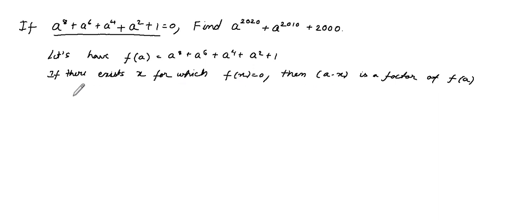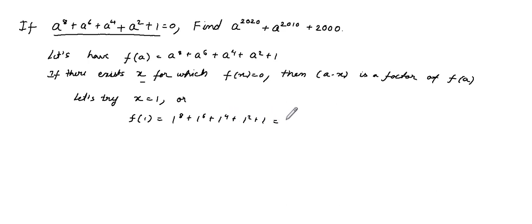And now let's try x is equal to 1, whether it is 0 or not. If we do f of 1, we get 1 to the power 8 plus 1 to the power 6 plus 1 to the power 4 plus 1 square plus 1, and it eventually turns out to be 5. So f of 1 is not equal to 0.